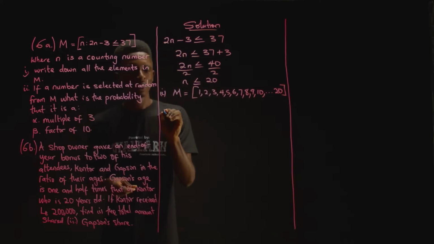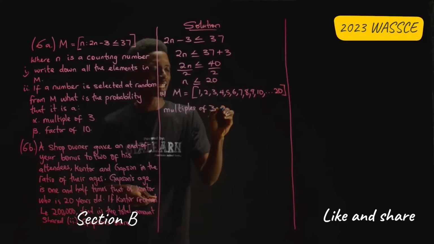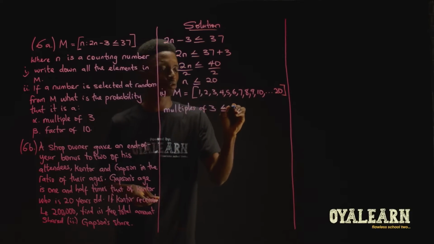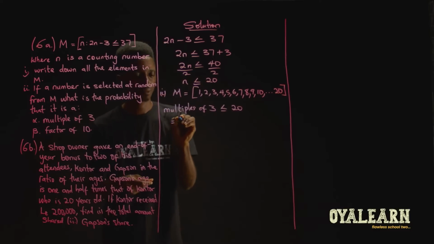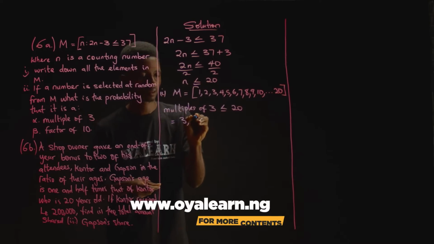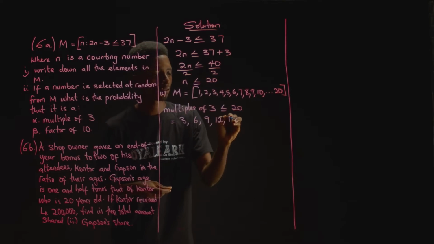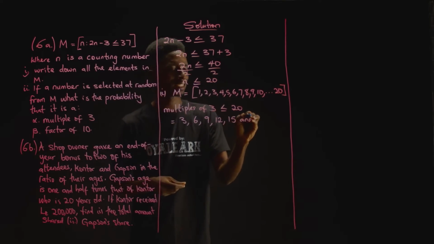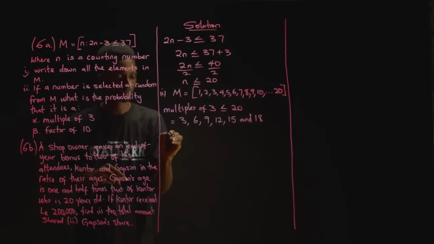So that is multiples of 3 that are less or equal to 20. Let's list them out. That is, you're going to be having 3, 6, 9, 12, 15, and 18.